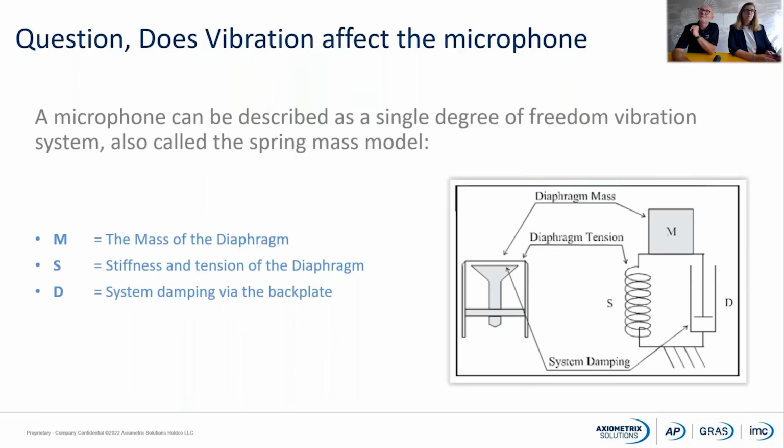So we could make a drawing of our microphone, with the mass of the diaphragm, the stiffness of the diaphragm, and the damping, which is mainly controlled by the back plate of the microphone.